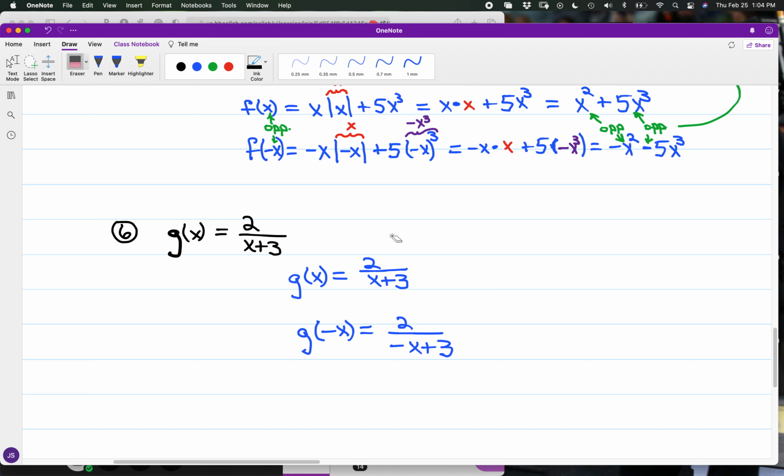And if you notice, between g of x and g of negative x, the inputs are opposite each other. Now, just looking at the relation, we have 2 over x plus 3 and 2 over negative x plus 3. So the outputs are not the same.